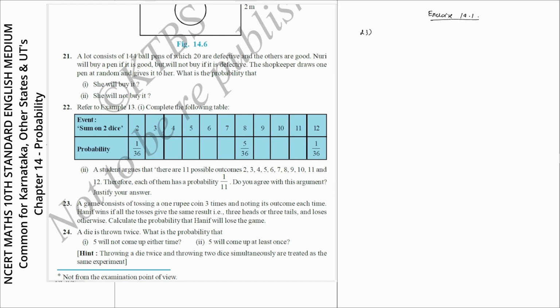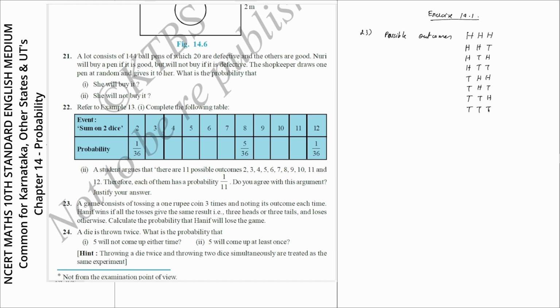So here a 1 rupee coin is tossed 3 times. So possible outcomes when a coin is tossed 3 times: we may get head head head, or head head tail, then head tail head, then head tail tail, then tail head head, then tail head tail, then tail tail head, then tail tail tail.